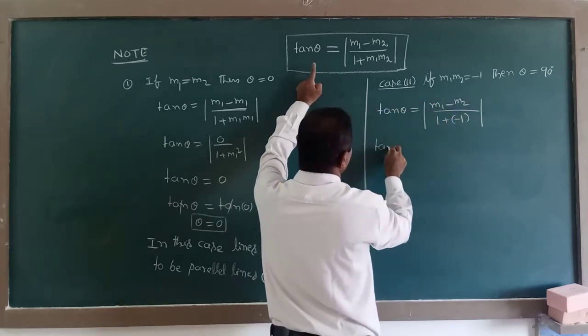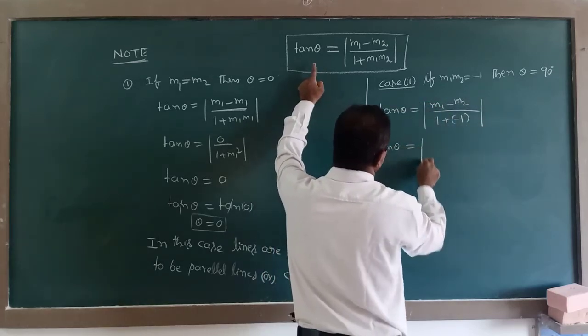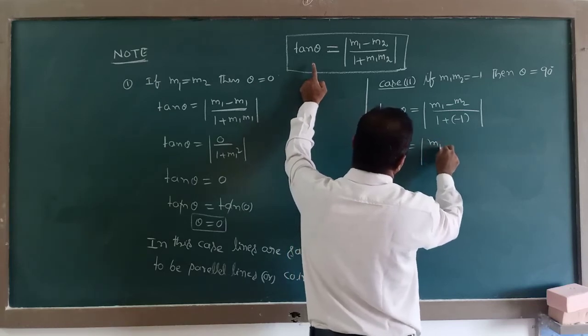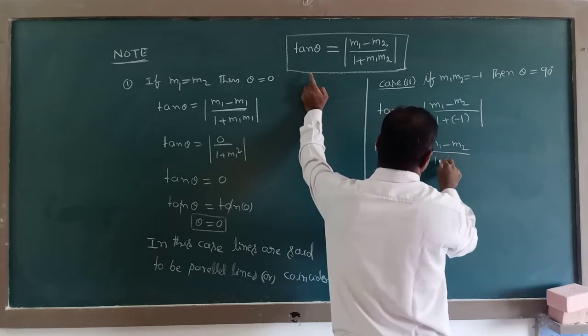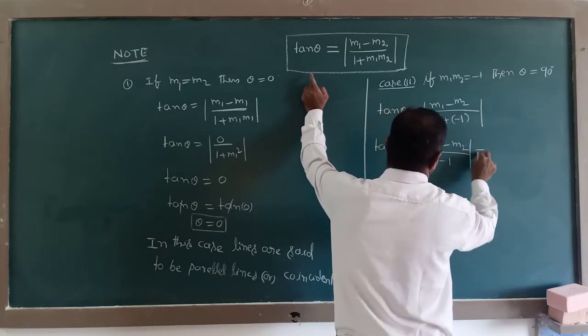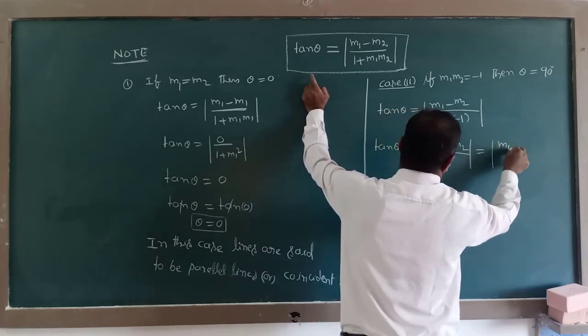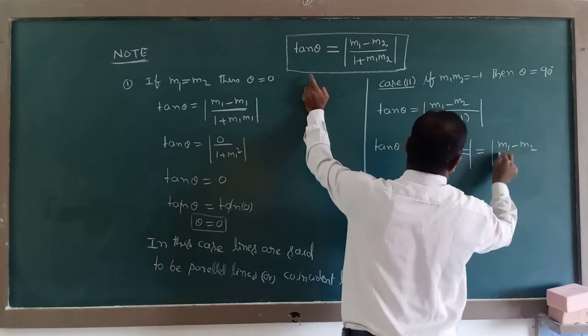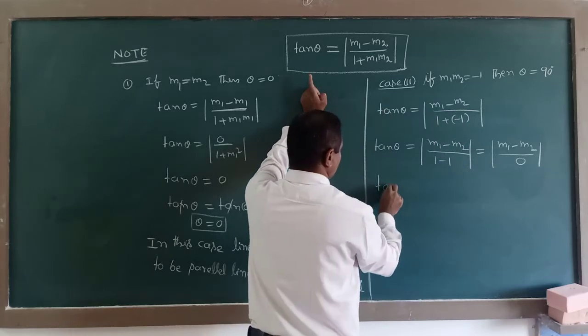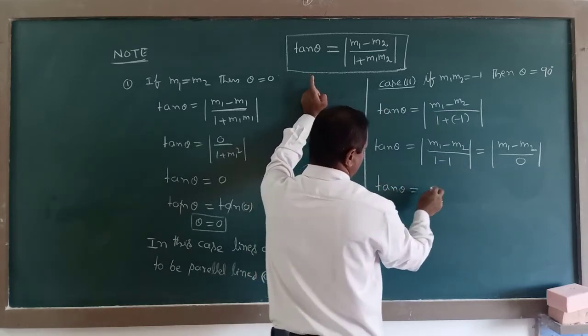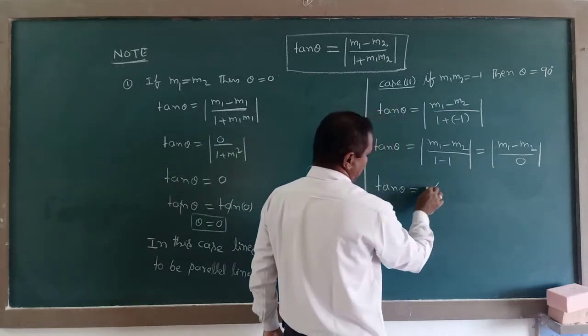Tan theta is equal to modulus of (m1 minus m2) divided by (1 plus m1 m2, that is 1 minus 1), which is equal to modulus of (m1 minus m2) divided by 0. Some finite value divided by 0 means undefined. Undefined can be written as the infinity symbol like this.